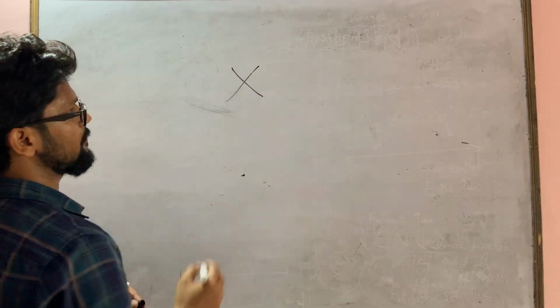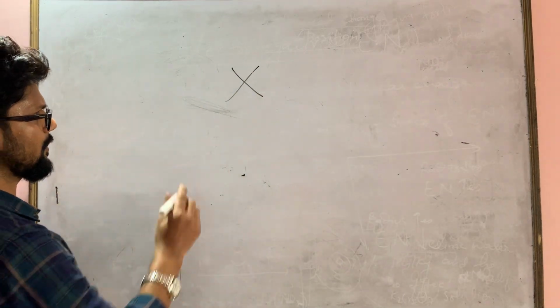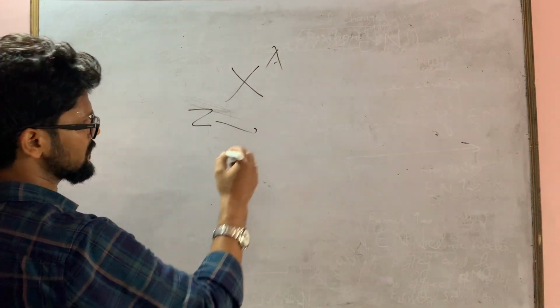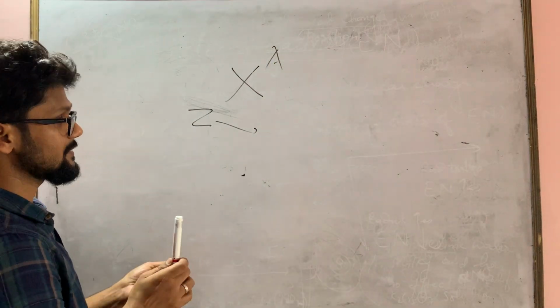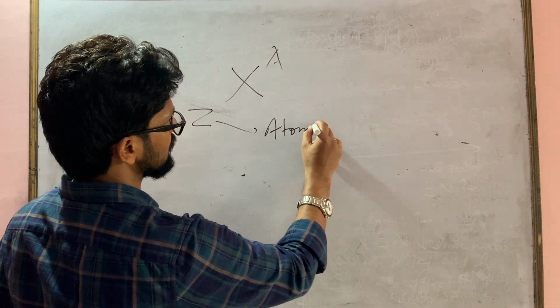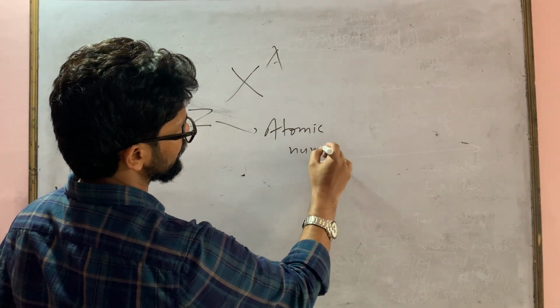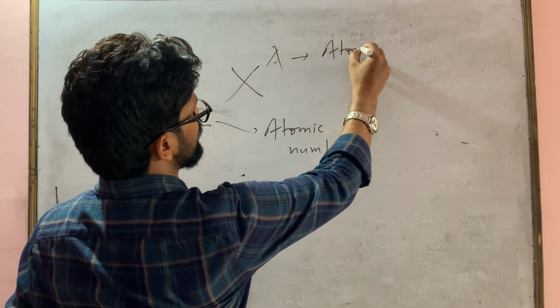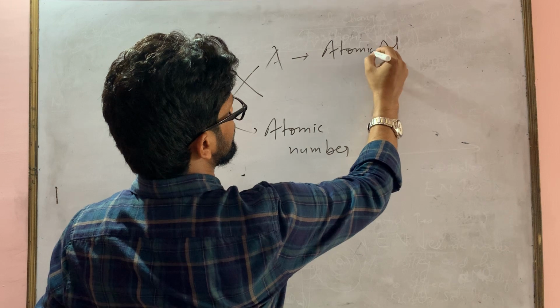Suppose X is an element, any element. Here is Z and here is A. Here Z stands for atomic number, and A stands for atomic mass.